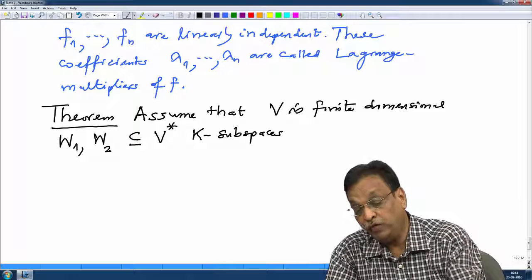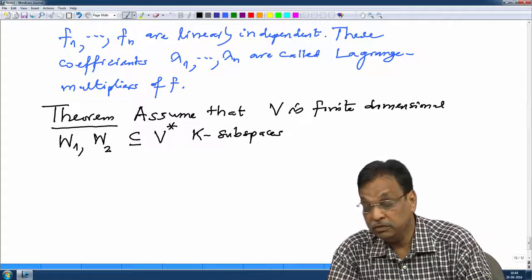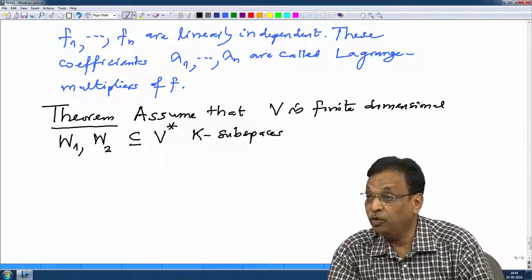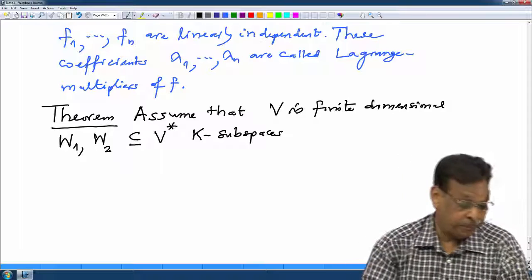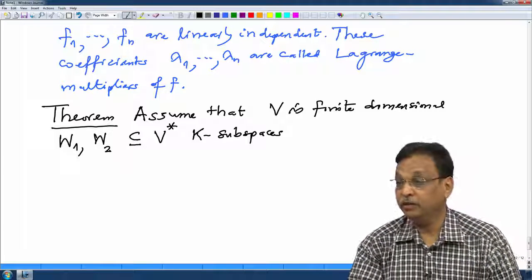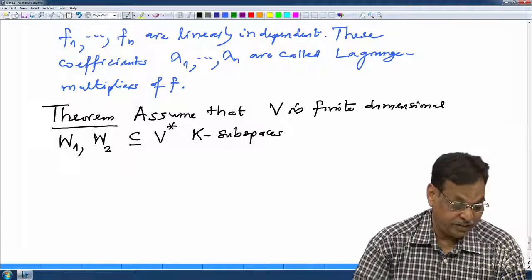In case V is not finite dimensional, then V star becomes bigger than V, and therefore this correspondence will not have a good behavior. But if you restrict to finite dimensional subspaces, then it will still give some partial results.